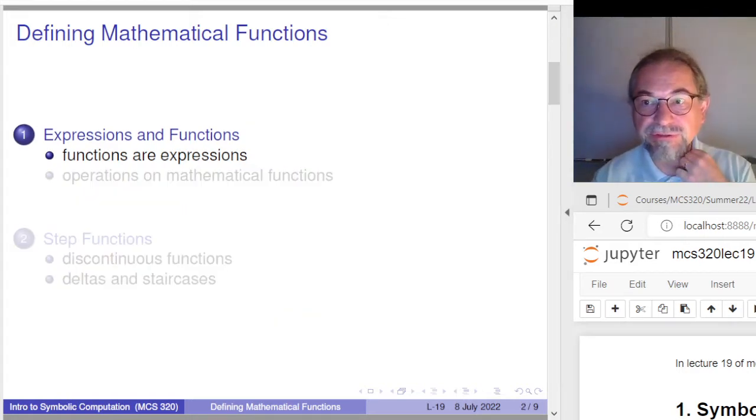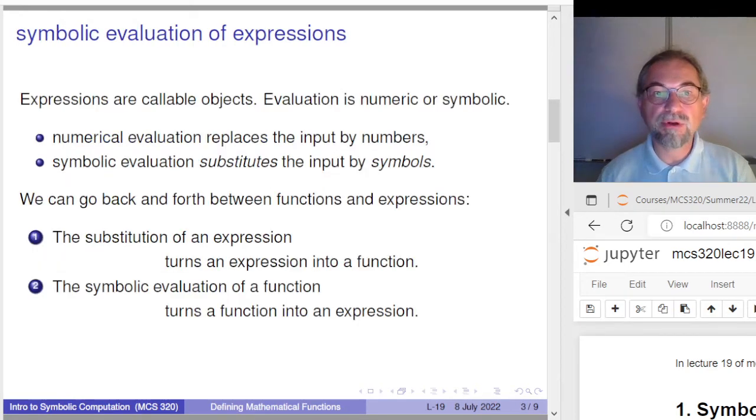Functions are expressions in symbolic computation. In particular, when we are using SageMath, where expressions are defined in an object-oriented fashion, using the Python language, they are callable objects.